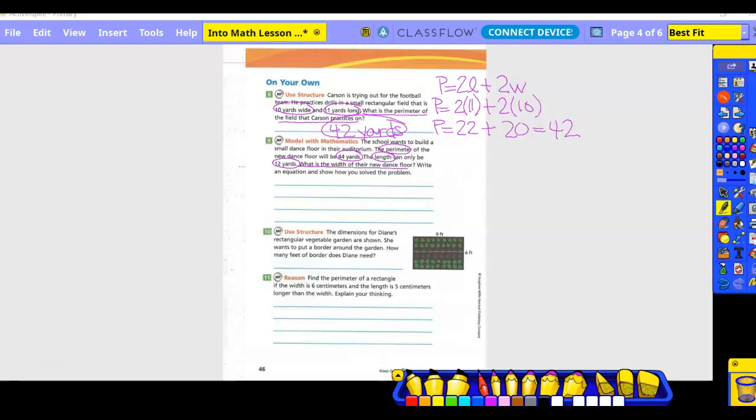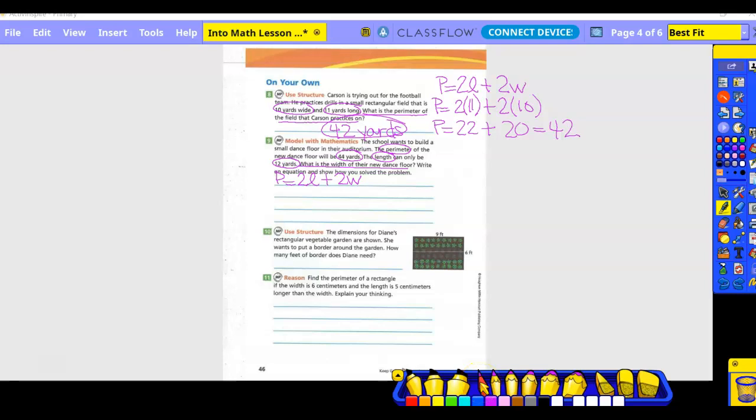Okay, so what's my formula? What's the formula we used on every single problem today? P equals 2L plus 2W. So we're going to plug in our numbers. Do we know the perimeter already? This is like one of the other problems we just did.